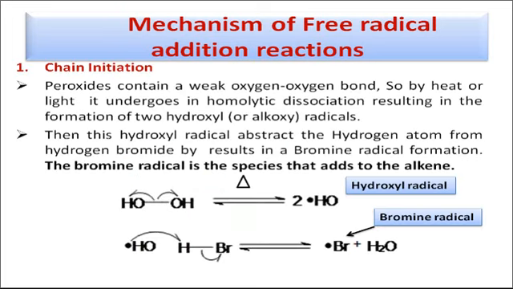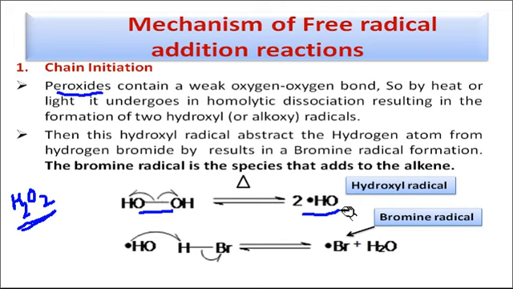First is the chain initiation step. In this step, the peroxide, which contains a weak oxygen-oxygen bond, here H2O2, hydrogen peroxide, undergoes homolytic dissociation by heat or light, resulting in the formation of two hydroxyl free radicals.